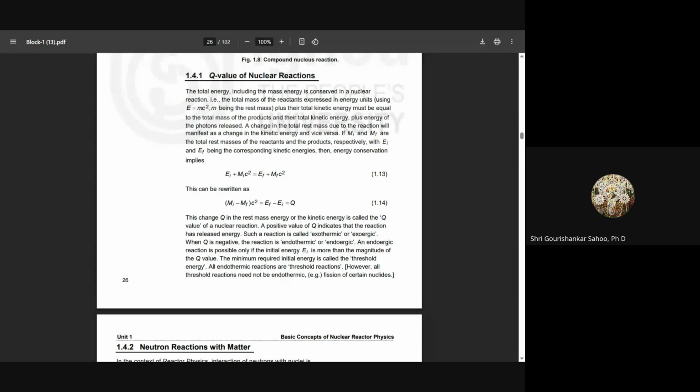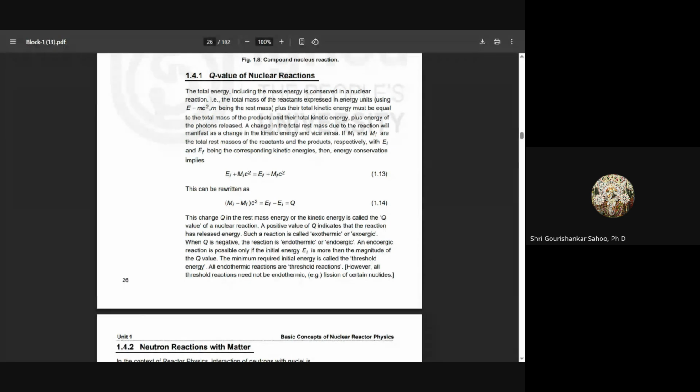So if Mi and Mf are the total rest masses of the reactants and the products respectively, with Ei and Ef being the corresponding kinetic energies, then energy conservation implies Ei plus Mi c square equals Ef plus Mf c square, and you can write (Mi minus Mf) c square equals Ef minus Ei, which is Q. It is this change in the rest mass energy or kinetic energy that is called the Q value of the nuclear reaction.